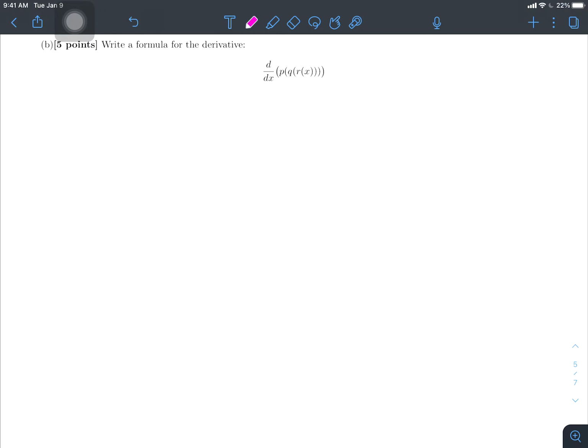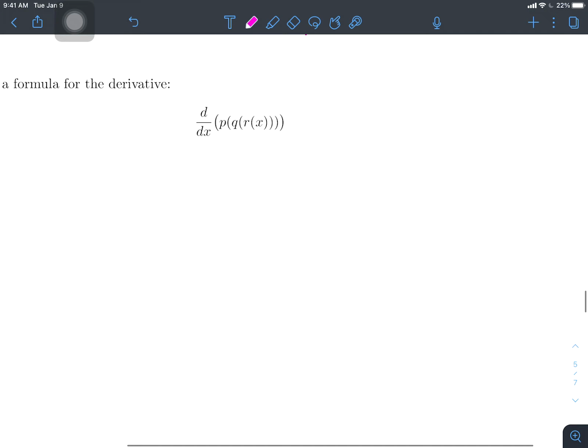So we start by recognizing that the outer function is going to be p and our inner function is going to be q of r of x. If we treat it that way, then the derivative of this should be, of course, the derivative of the outer function where we leave the inside alone. And we need to multiply by the derivative of the inner function.